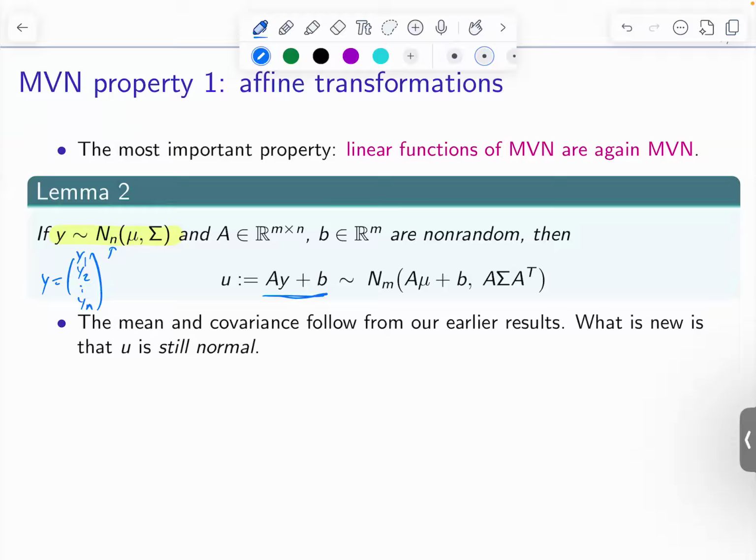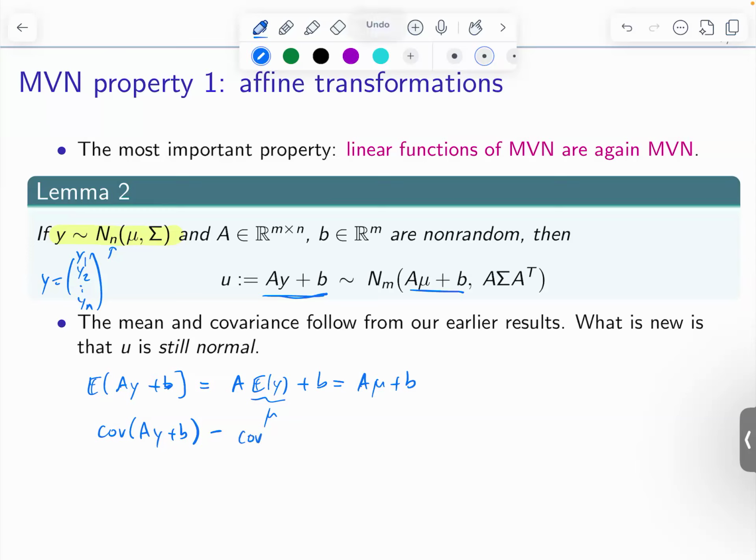And we have calculated this. If you look at the expectation of AY plus b, by linearity, b comes out, A comes out, you get A times the expectation of Y plus b, and we call the expectation of Y mu, so we get A mu plus b. So that's the mean. We also know the covariance. The covariance of AY plus b: shifts don't change the covariance, so I can just drop the b.